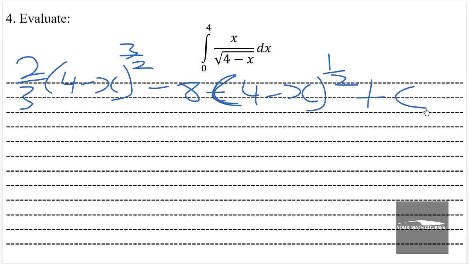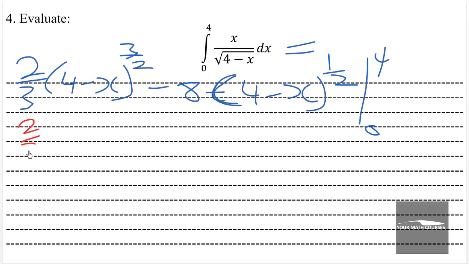Now to evaluate the definite integral, we just have to evaluate this at 0 to 4. So we have to plug in the values and evaluate. So let's plug in 4.